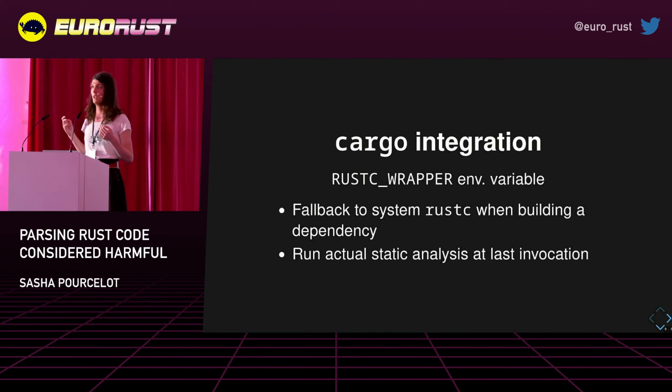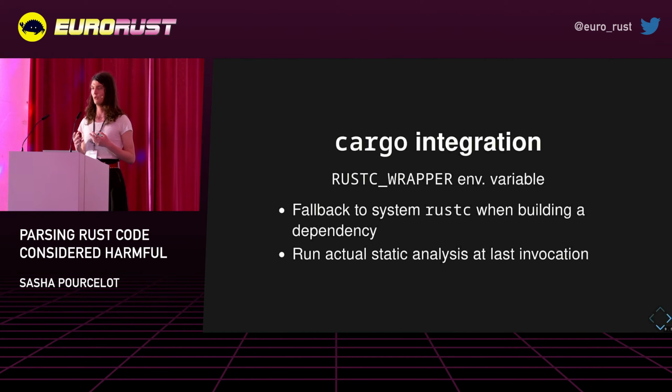It turns out cargo has a super nice environment variable, RUSTC_WRAPPER, which allows us to tell cargo to invoke any custom binary instead of rustc. So we could tell it to invoke us instead.